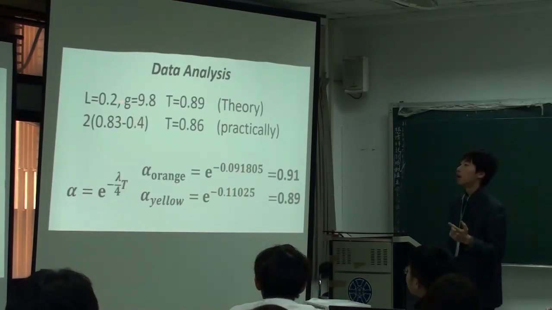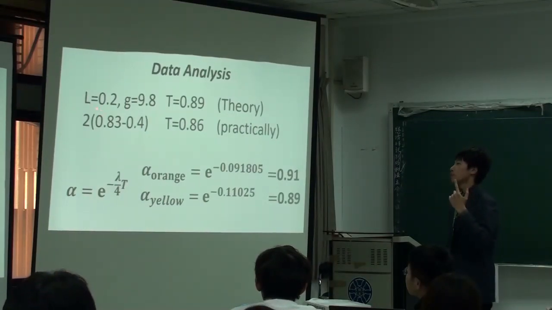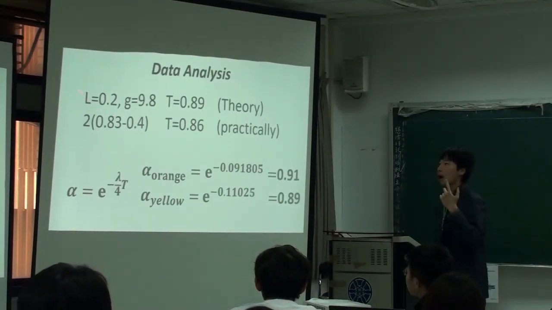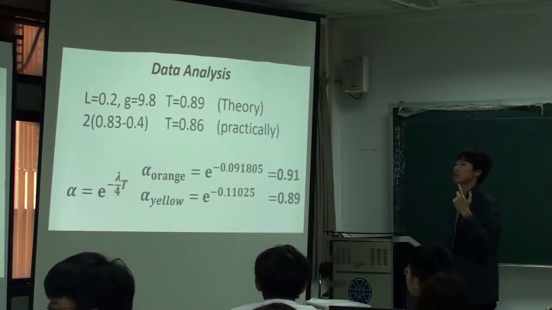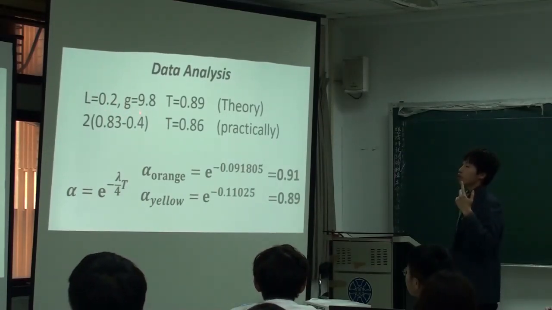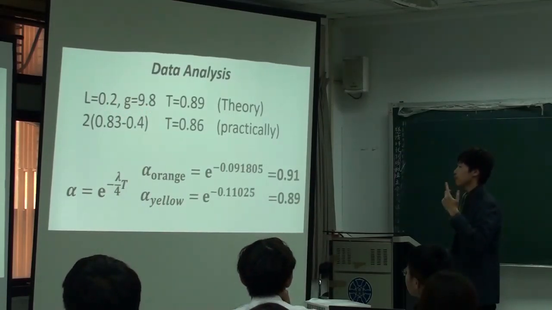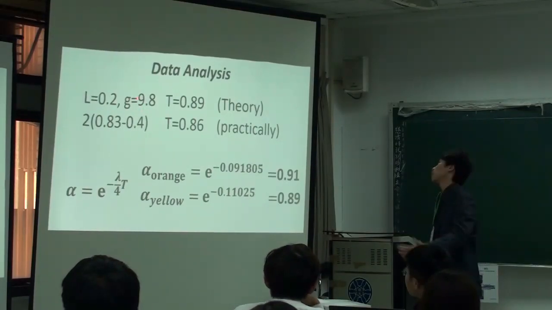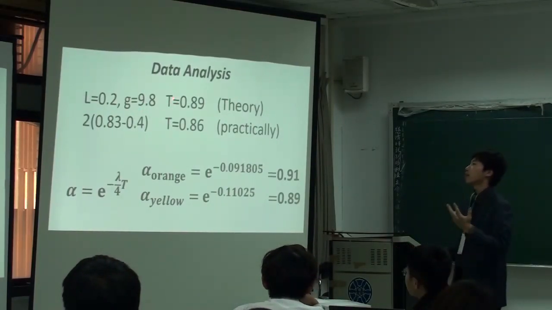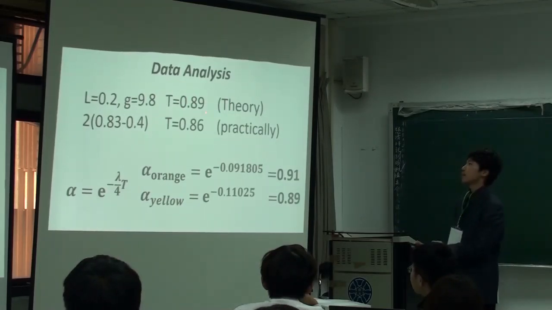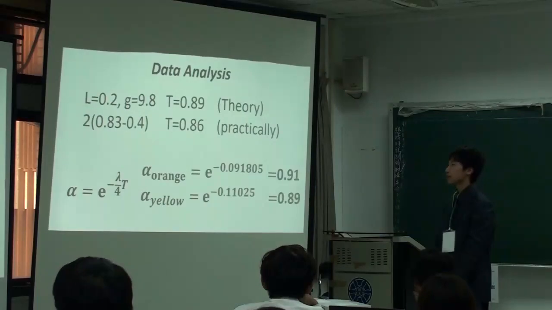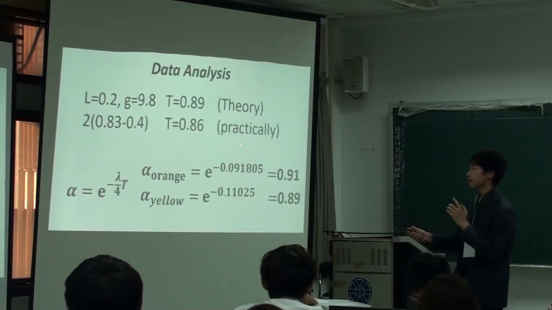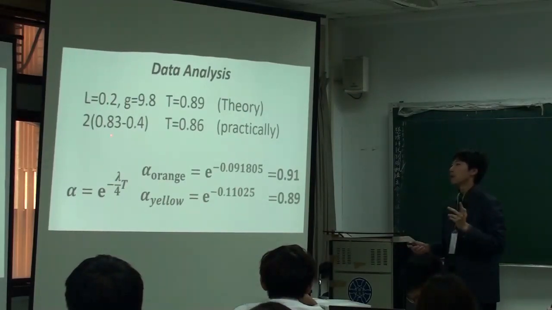This is still our pendulum. The length of the string is 0.2 meters, and gravity is 9.8, and the period is 0.89, and this is the practical one.